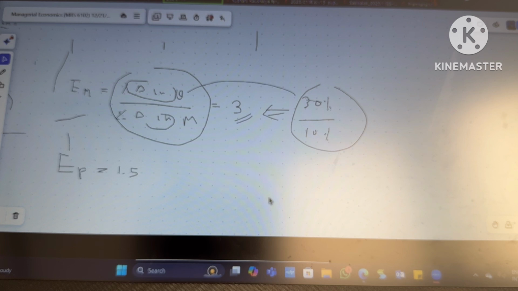If you don't like 30%, you just put 3%. No worry. And for percentage change in income, if you don't like 10%, you just put 1%. Finally, you have to get the answer, number 3. And after putting these numbers, you have to read this.